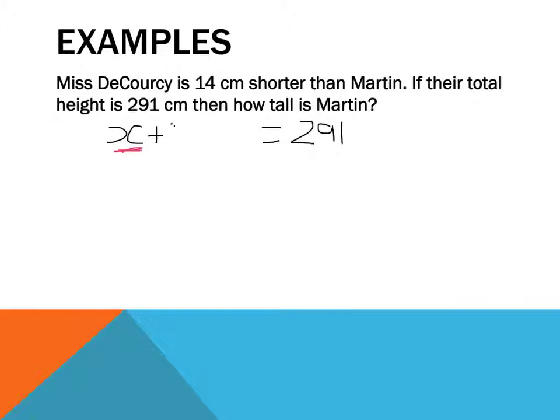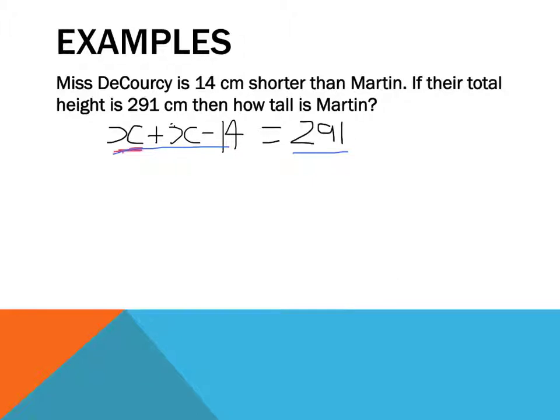So I could do Martin's height, subtract 14 to get Mr. Corsi. So then I've got Martin plus Mr. Corsi is 291. Okay, cool. That looks like something I've seen before. Now, before I answer this, let's see if I can simplify the left-hand side of my equation.